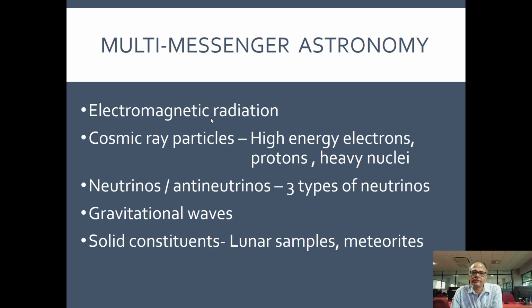That's why we have X-ray telescopes like Chandra, or gamma ray telescopes, which are outside the Earth's atmosphere. Then there are cosmic particles, neutrinos, then gravitational waves, which have recently come up since the detection of gravitational waves, and there are solid constraints like lunar samples.